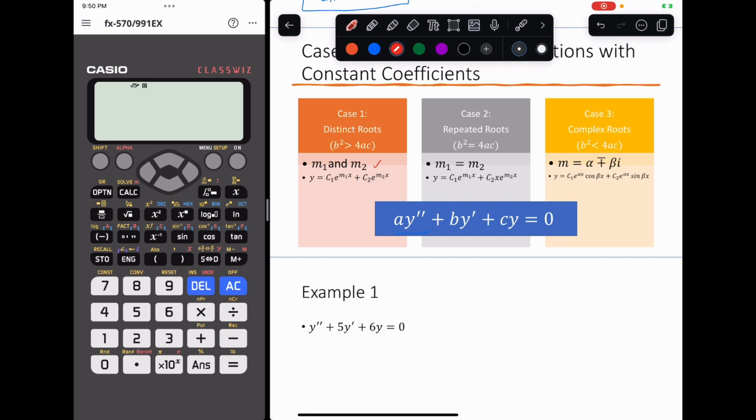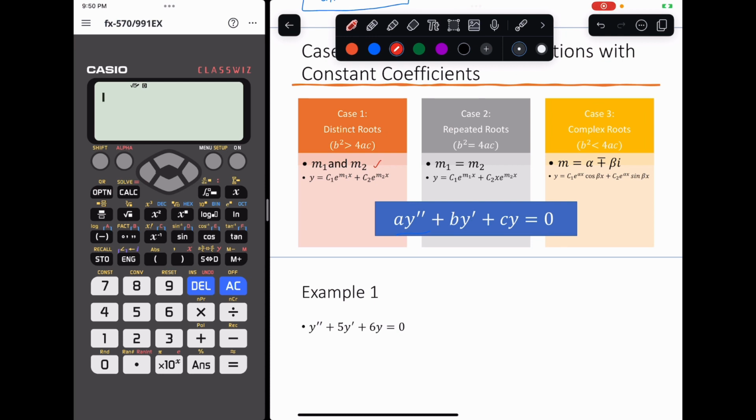And then for case number 2, when b squared is equal to 4ac, the two roots are exactly the same. When I say exactly the same, both have the same value, but we have to make sure that the signs are equal as well.